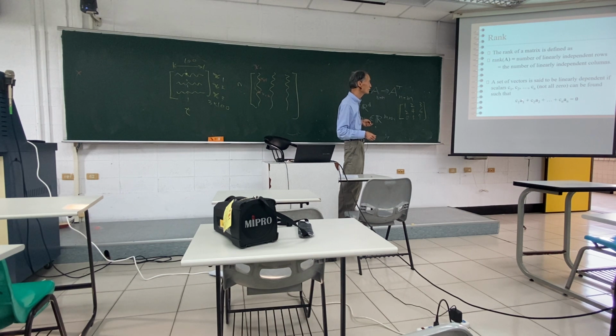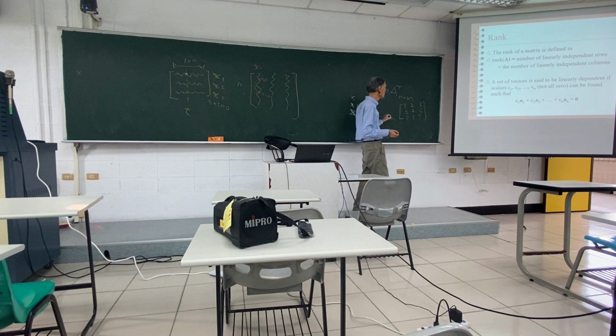No matter whether this is a column or a row, if you can find a non-zero scalar or coefficient that makes this equation true, then the vectors will be linearly dependent. Okay?